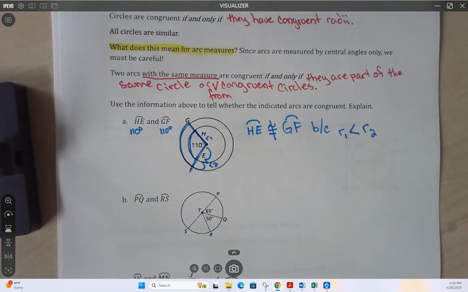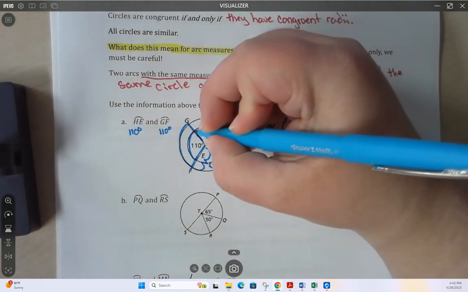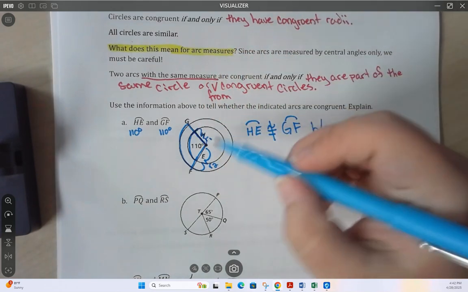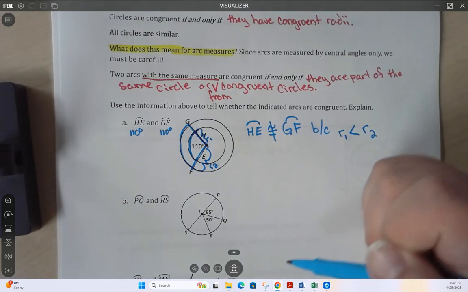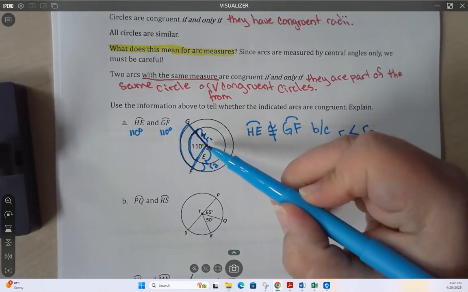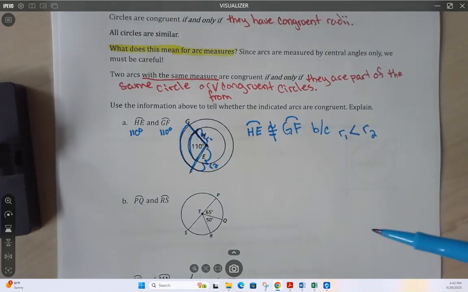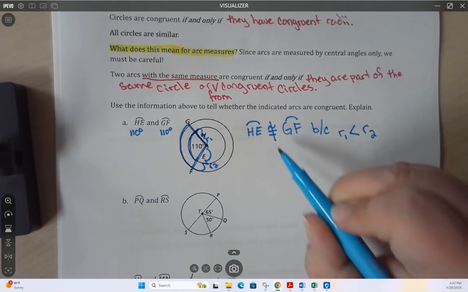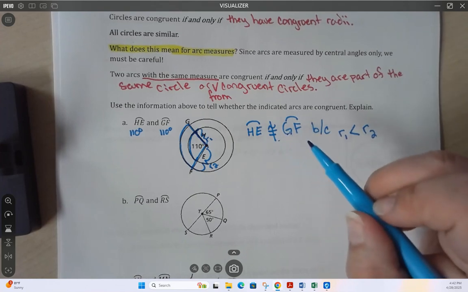They're not equal. Radius 1 is from the center out to H, where radius 2 is from the center out to F. They're not congruent radii, therefore the arcs are not congruent.